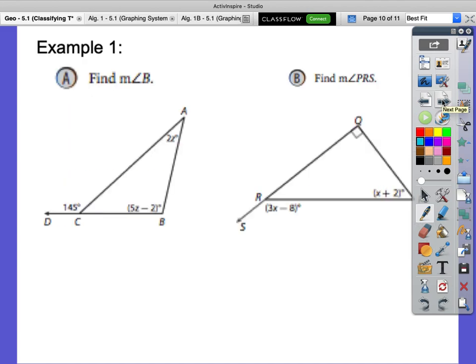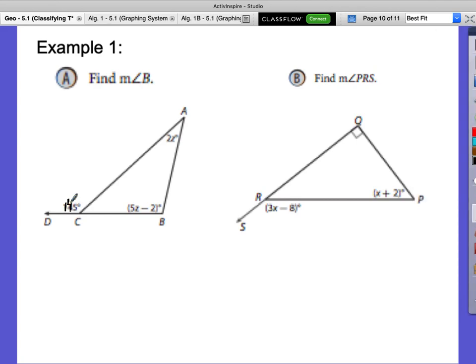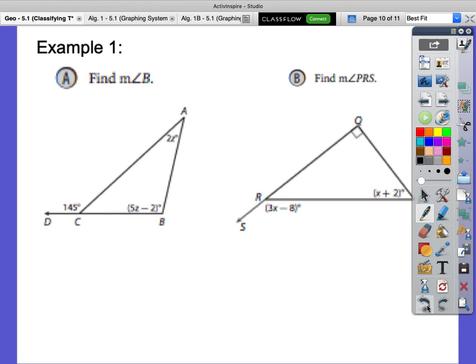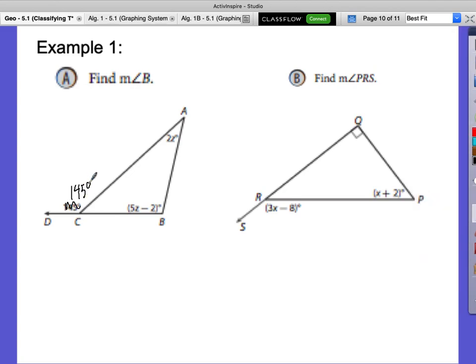So, we're going to use that. Wow, this did not come across well. I can't read it. So, this is 145. That didn't help either. Let me try that again. Round 2. Okay, so this is 145 degrees.